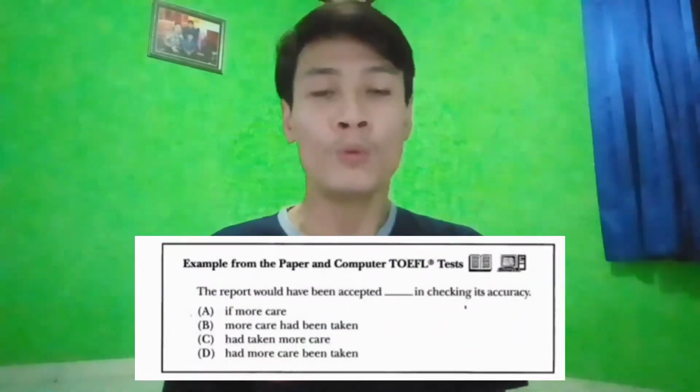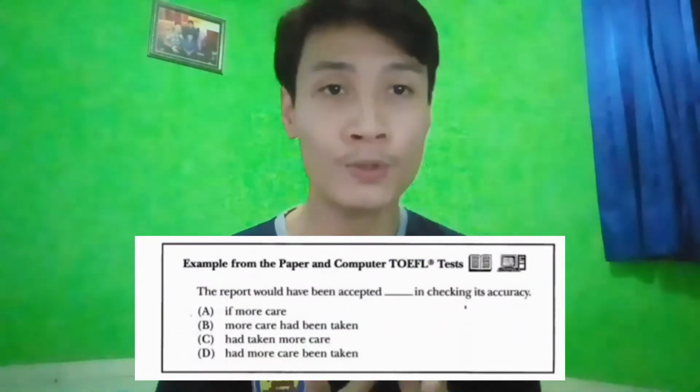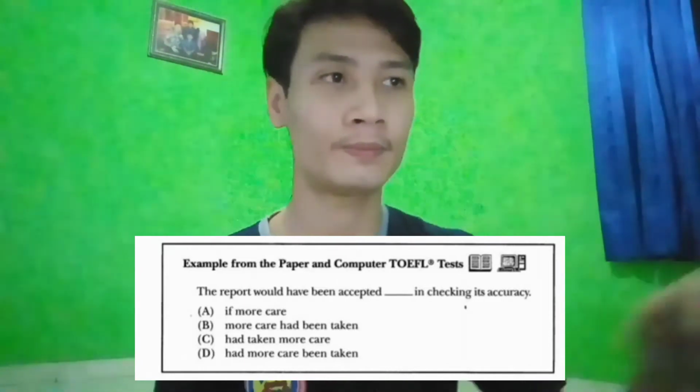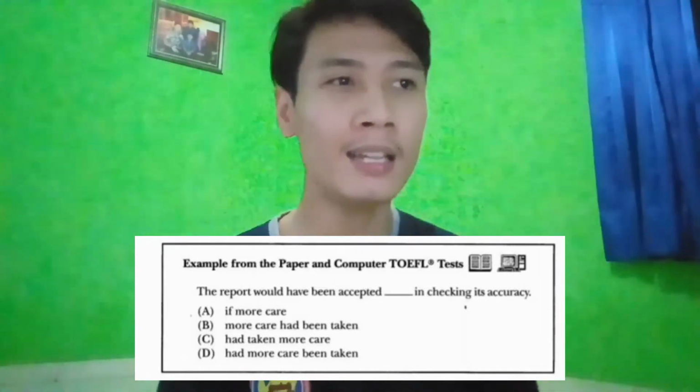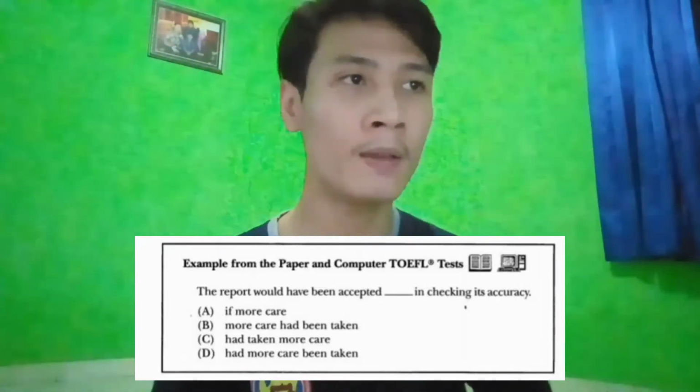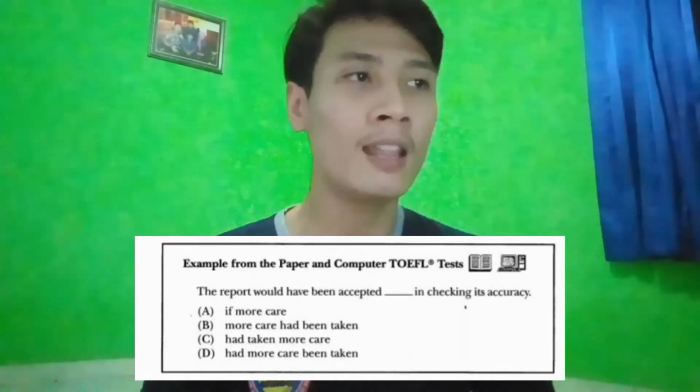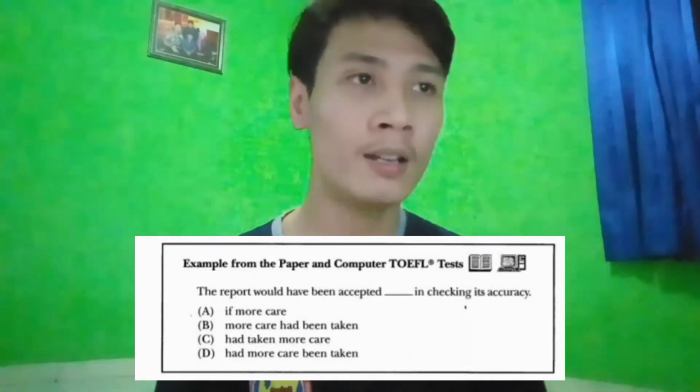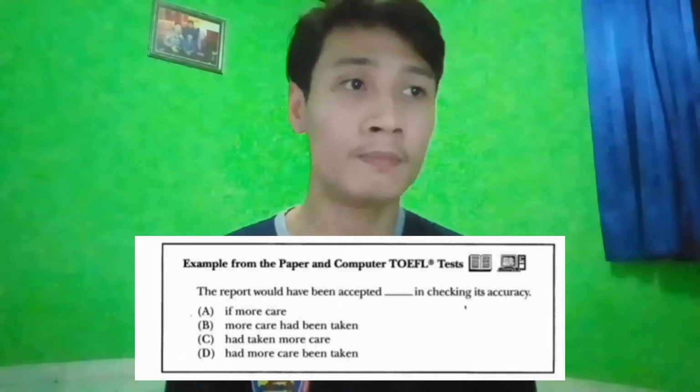I will show you more examples in a question, and I will show it on screen so you can see the question. Which is the correct answer? Exactly, D is the correct answer, because A contains a connector but there is no verb.